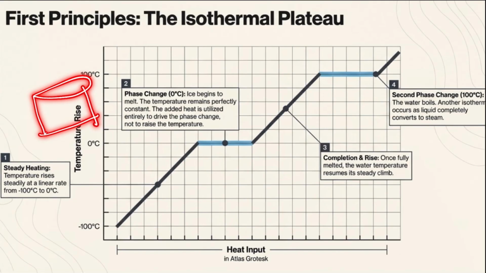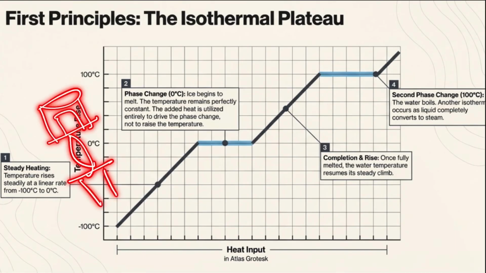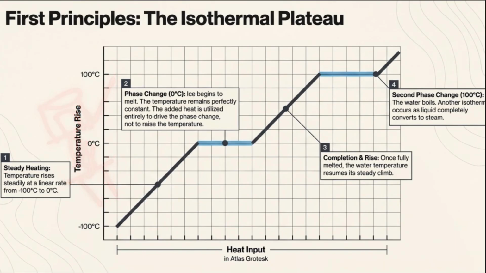There is a pan or beaker, and on it we place a piece of ice, and we are heating that piece of ice. So the temperature will continue to rise from minus 100 centigrade to 0 centigrade. In the y-axis, there is a rise in temperature from minus 100 centigrade onwards toward 100 centigrade.